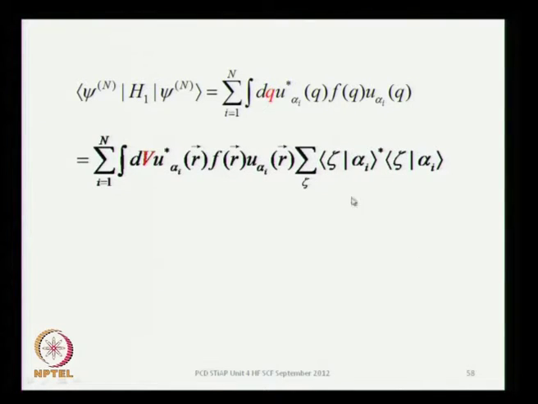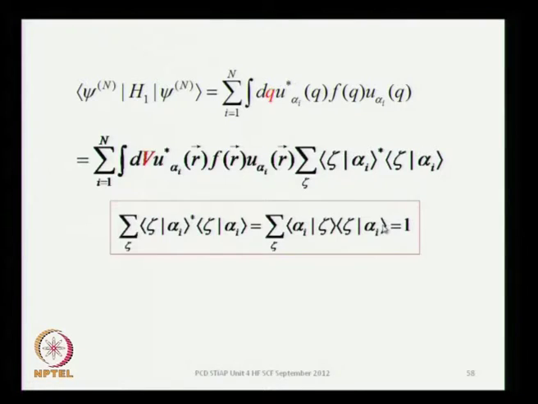So, this is the summation over the spin part, which can be carried out separately, and notice that when you take into account this complex conjugate term, the complex conjugate of zeta alpha I is alpha I zeta, right.